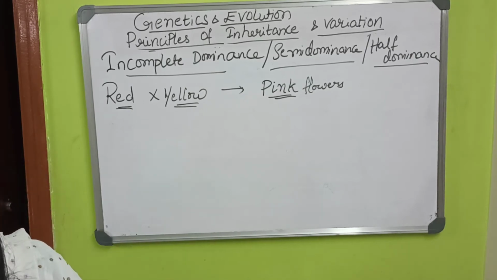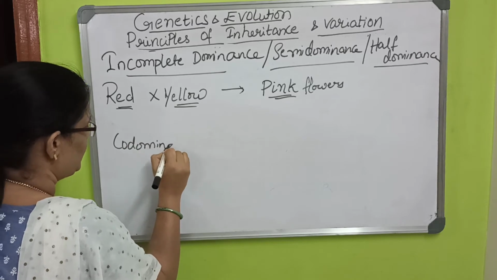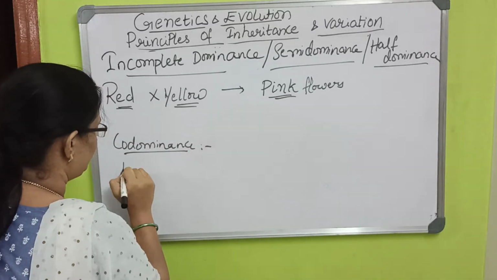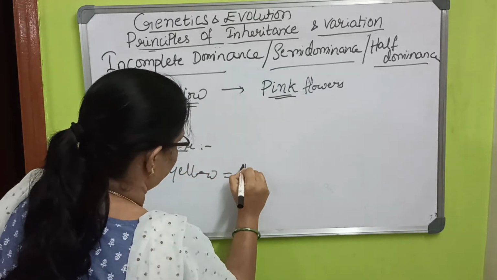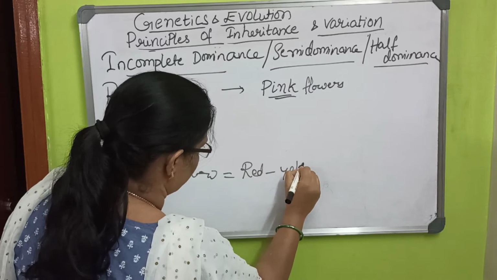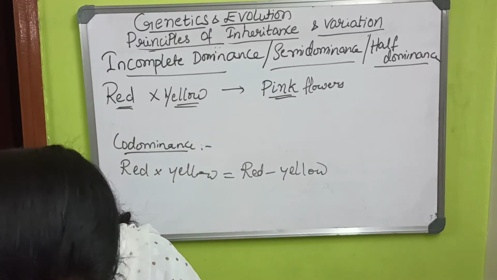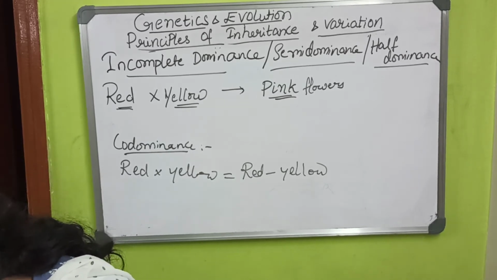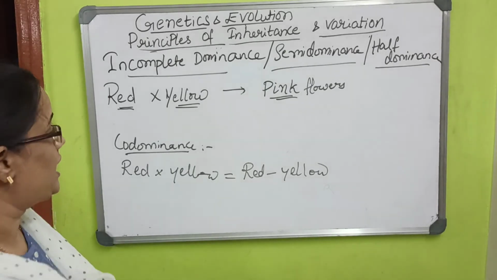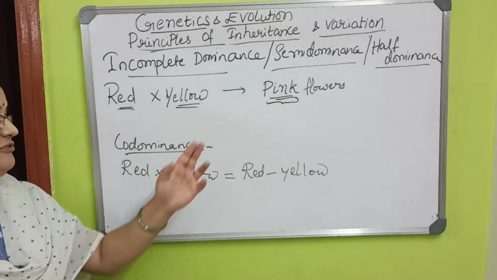Again, in codominance, I will tell you the definition. In codominance, when red and yellow are crossed, again the same red and yellow only come. The definition of incomplete dominance is the appearance of an intermediate phenotype.